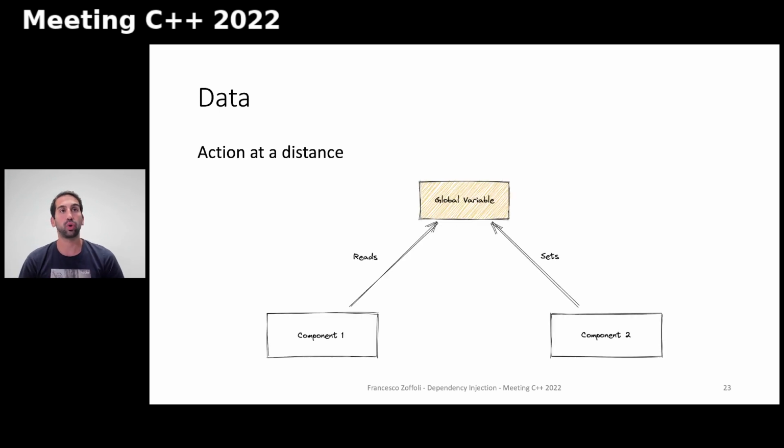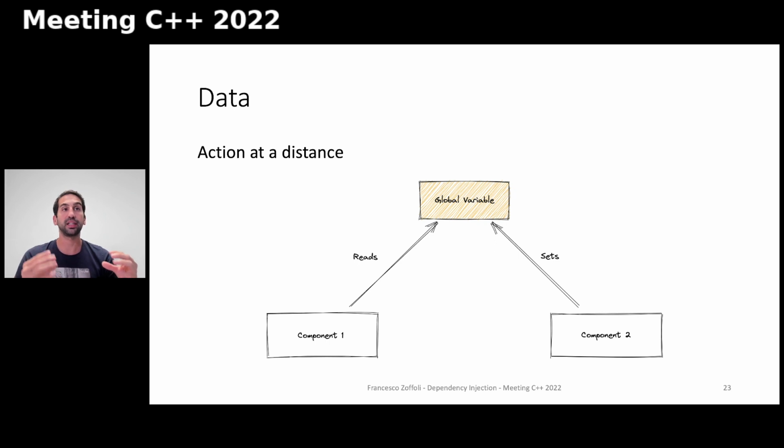Let's say we have two components which access the same global variable, or even just a local variable which is passed to the two components. And these are passed as references. Now component 2 can modify this variable, and component 1 can read this variable. And what happened is that we, in fact, coupled the two components, because now component 1 can see the behavior of component 2.